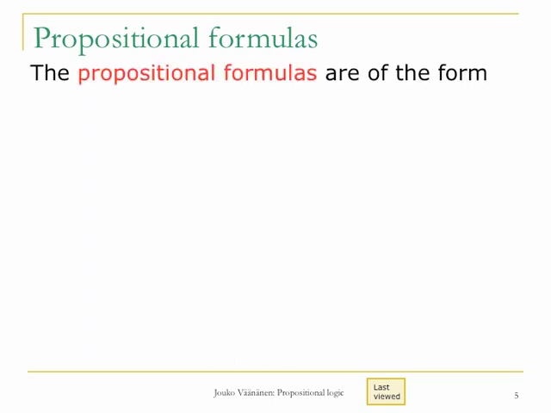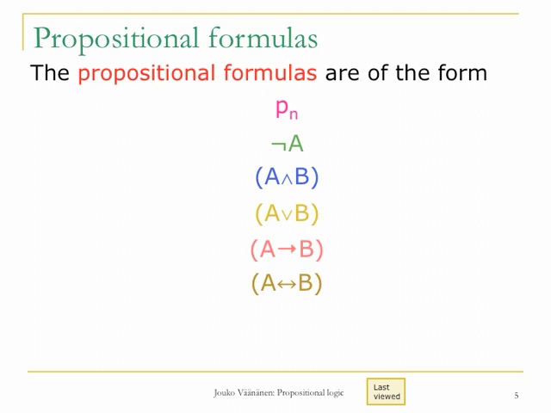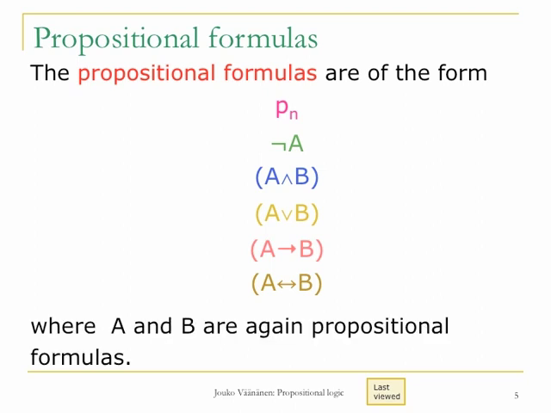The propositional formulas are of the form Pn for some n; not A, which can also be read negation A; (A and B), which we can also read A conjunction B; (A or B), which we can also read A disjunction B; (A implication B), which we can also read A implies B, or if A then B; and finally (A equivalence B), which we can also read A if and only if B, where A and B are again propositional formulas. Note that we use parentheses in each case except for negation.